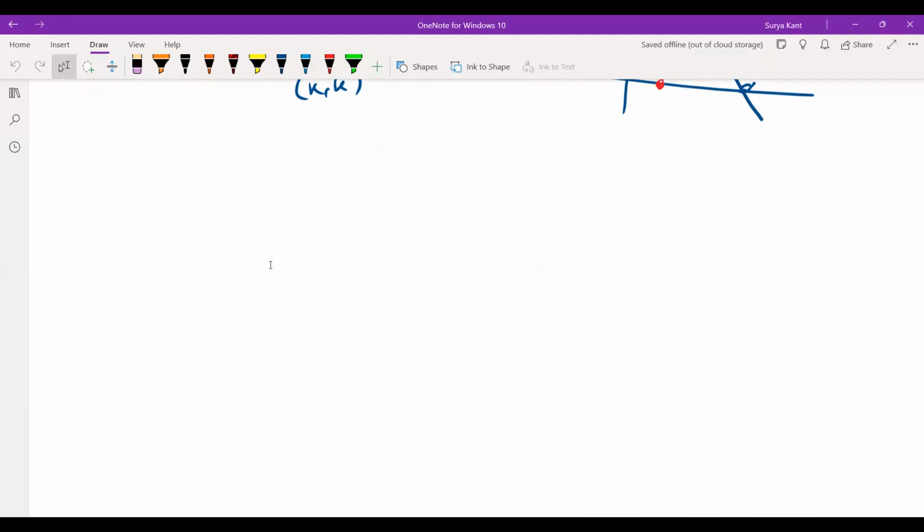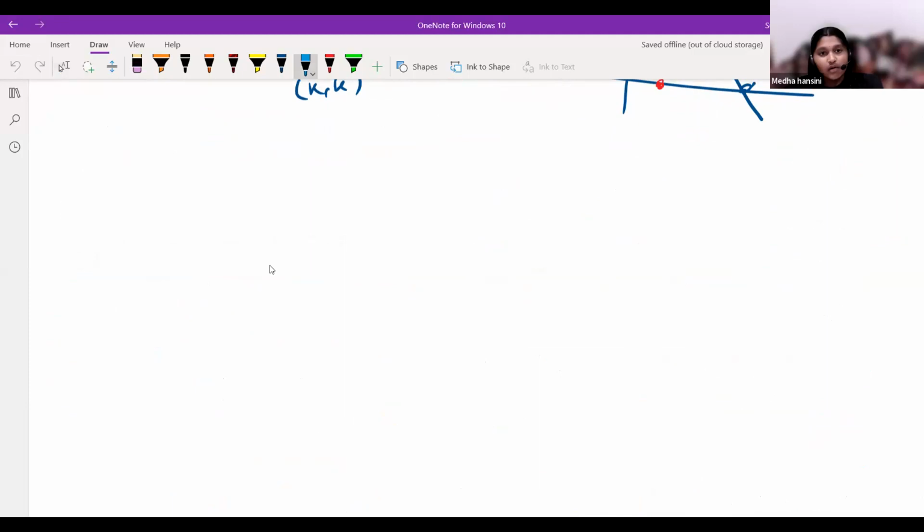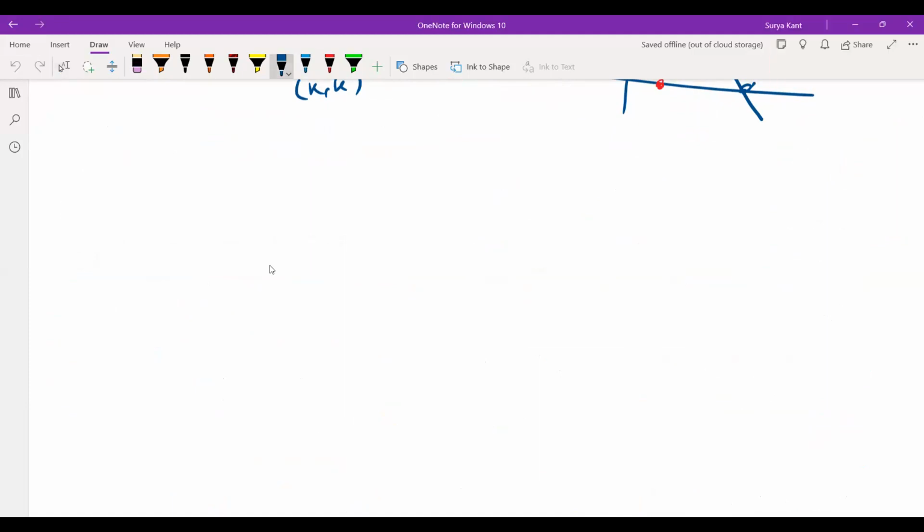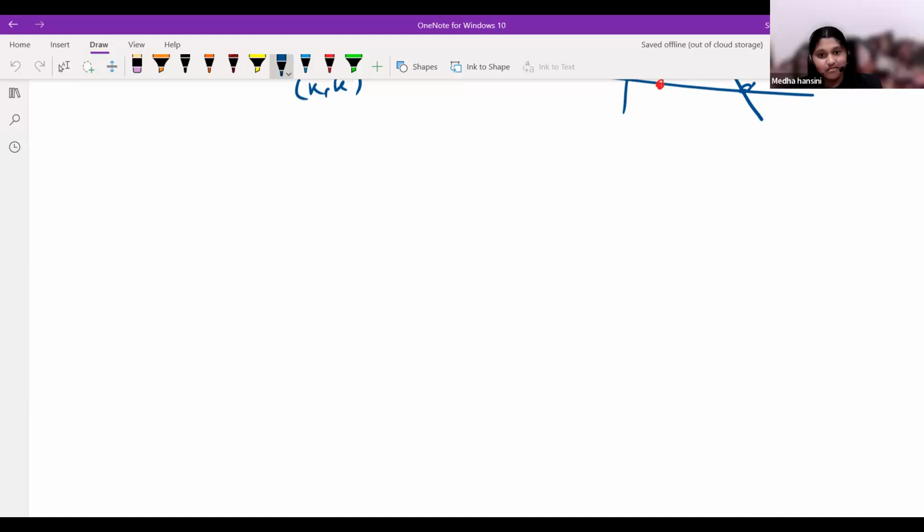Come once again. X is equal to mx2 minus mx1... Plus, sir. Plus mx1 divided by m plus n.